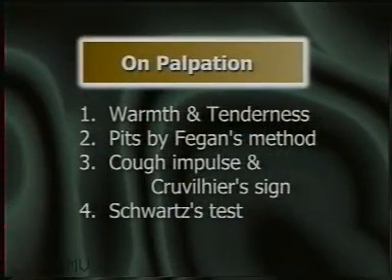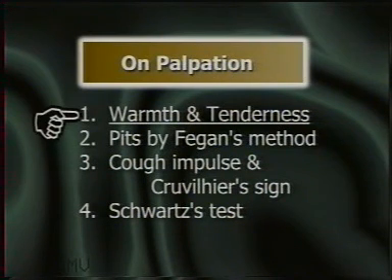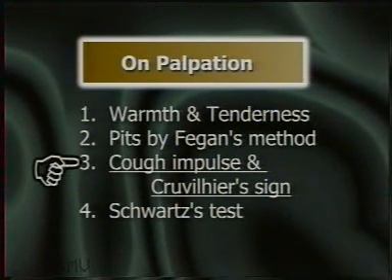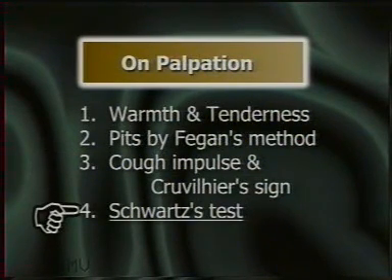So to revise, on palpation, we first palpated the length of the vein for warmth and tenderness. Then we emptied the vein and palpated the deep fascia under it by Fagan's method for palpable pits. Then we tested for cuff impulse and Cruveilhier's sign at the saphenous opening and performed the tap test or Schwartz test.